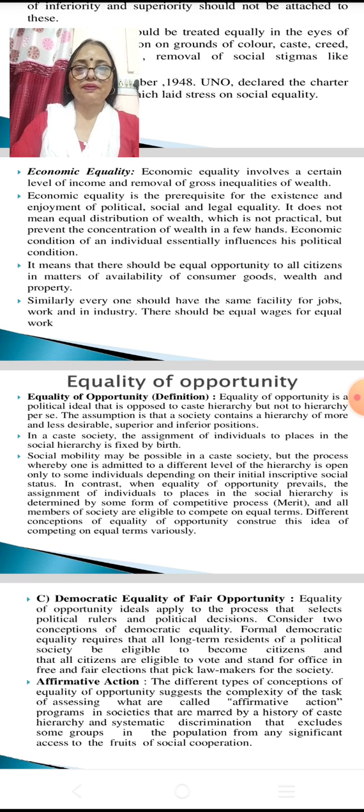It involves a certain level of income and removal of gross inequalities of wealth. You can see some are living in villas, some in posh areas, and some living beside them in slum areas. They are not even getting fresh water for drinking. They have no house, no proper hygiene. They are living in a dirty area. Filthy water is spreading here.